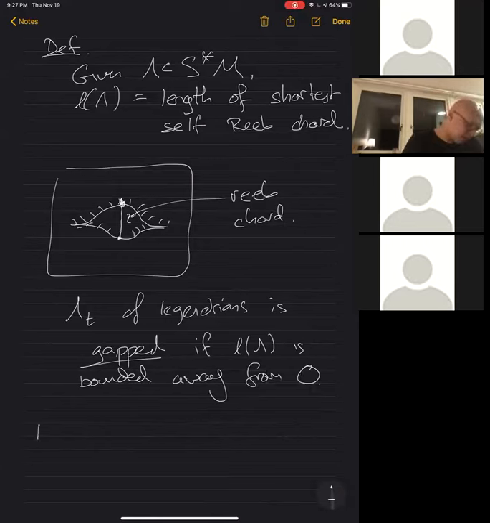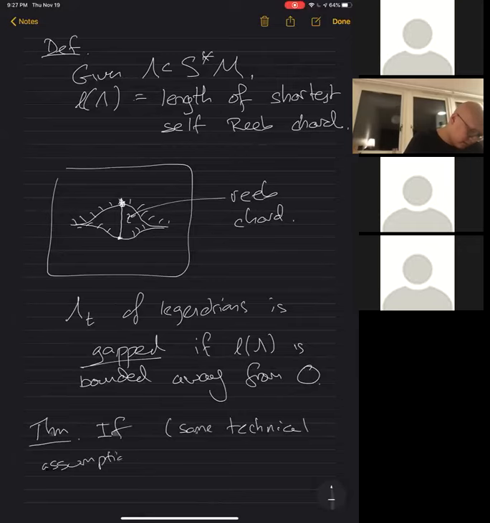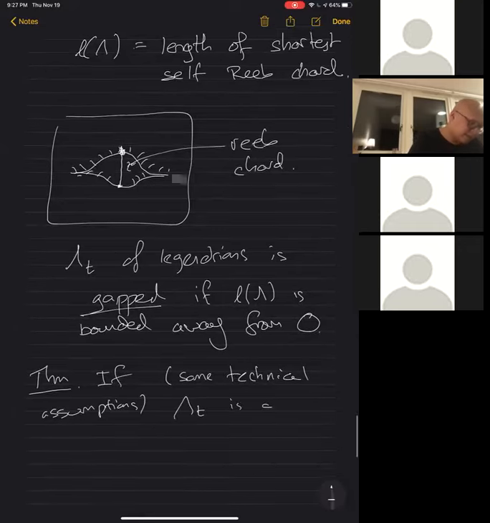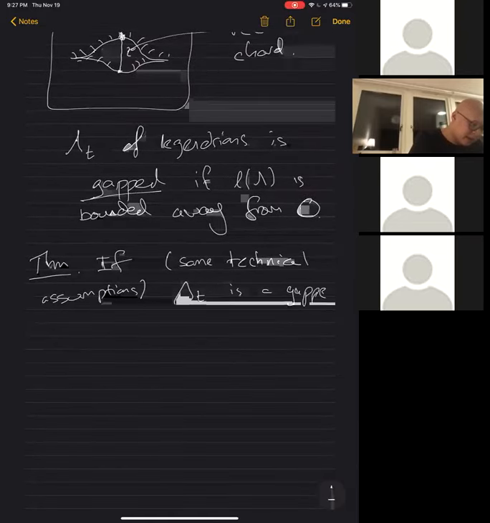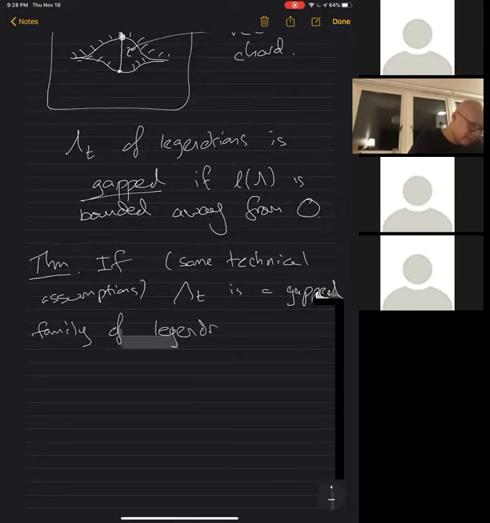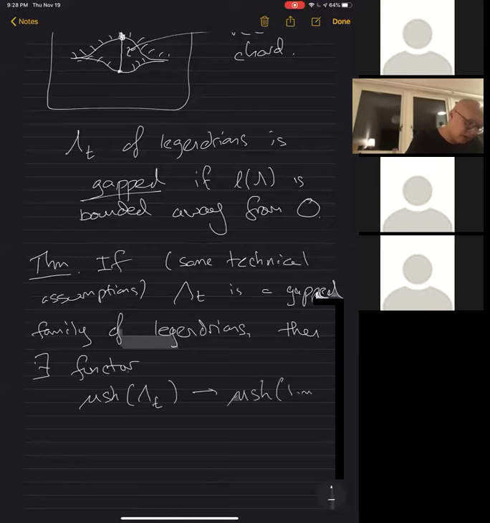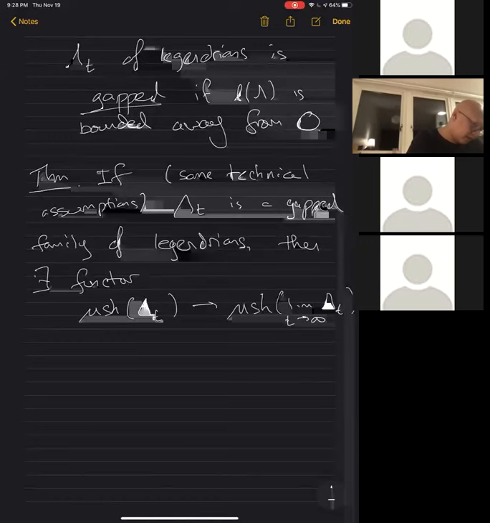So the theorem is that if, with some technical assumptions which I won't now describe, lambda t is a gapped family of Legendrians, possibly singular, then there exists a functor which takes mu sheaves on lambda t to mu sheaves on the limit of lambda t as t goes to infinity, which is moreover fully faithful.